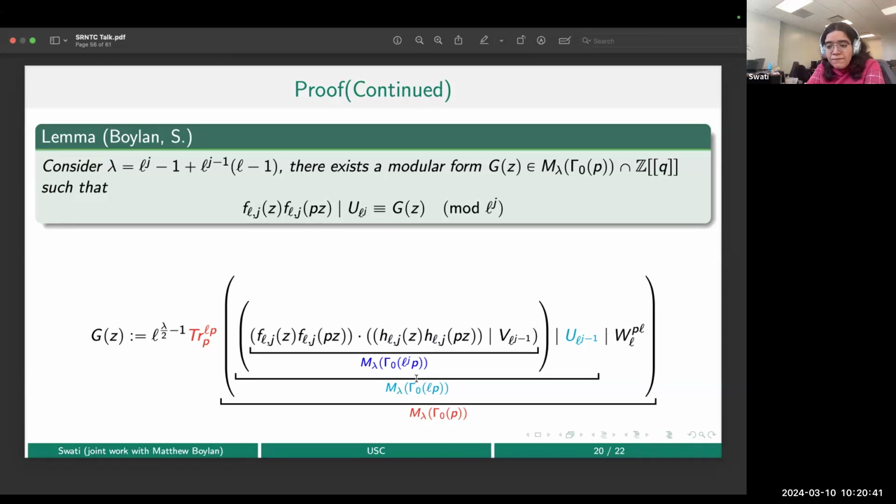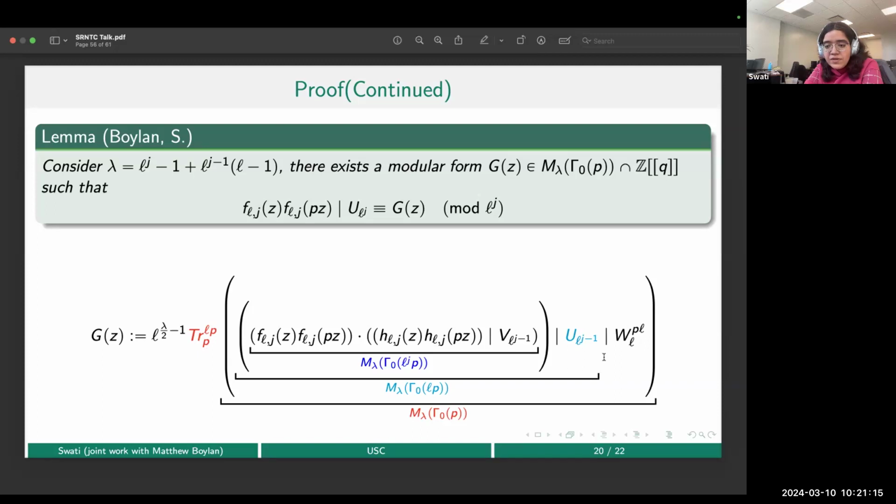The reason this WLPL is shown is because we need more and more powers of L so that we can get the L-adic valuation to be at least J. But once we land in the space of modular forms of weight lambda, level LP, then once we apply the trace operator, it will knock off the level from LP to P. So we basically get rid of this last L with the help of the trace operator.